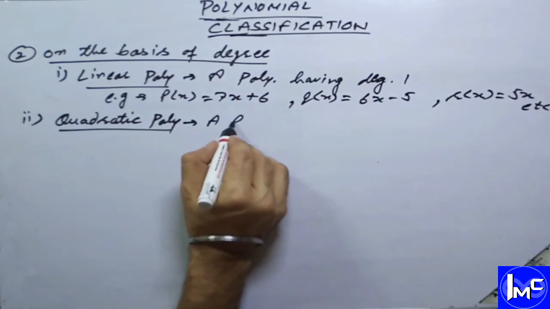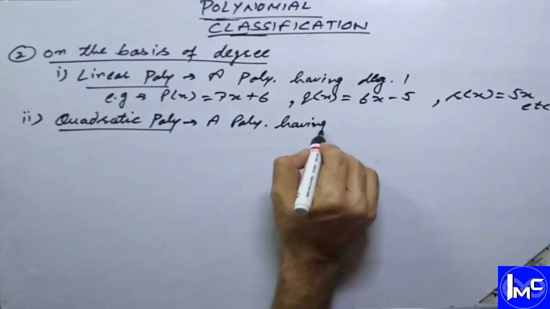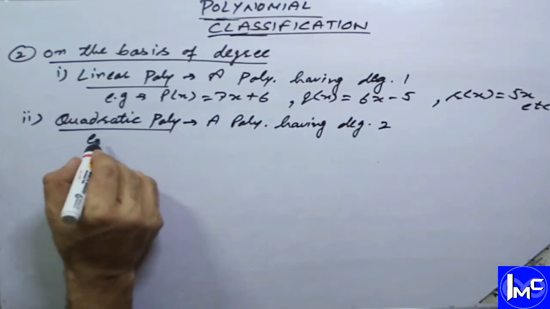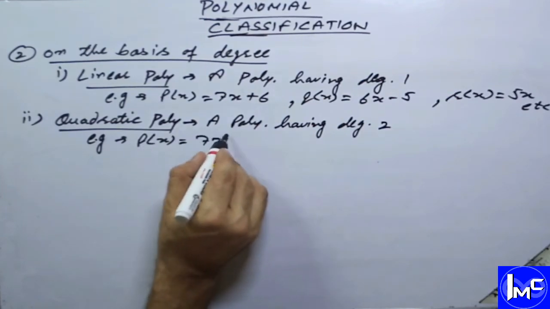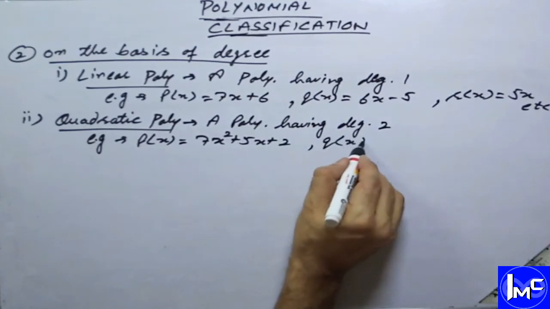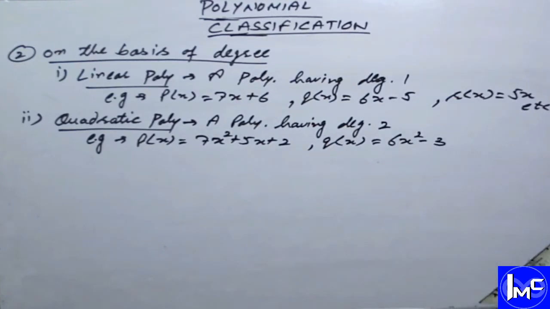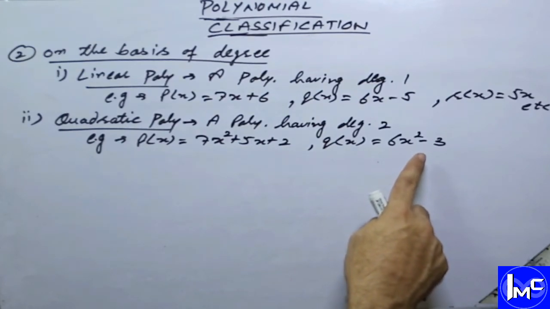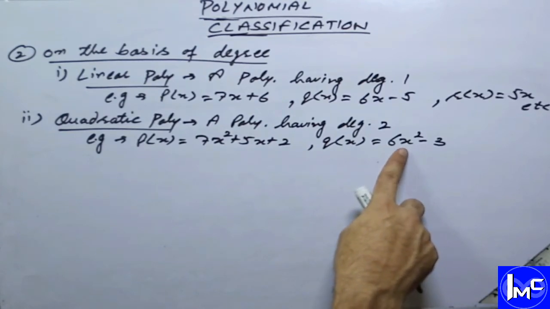A polynomial having degree 2. For example, p(x) is equal to 7x square plus 5x plus 2. q(x) is equal to 6x square minus 3. Same, it doesn't matter whether the terms containing x exist or not, we will see only the highest power of the variable.